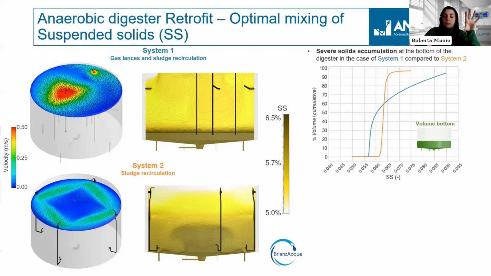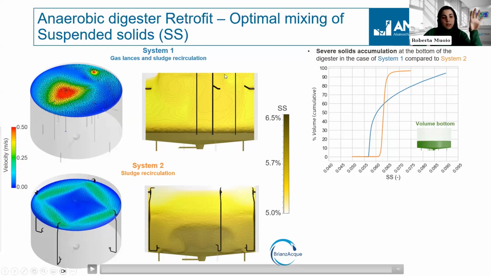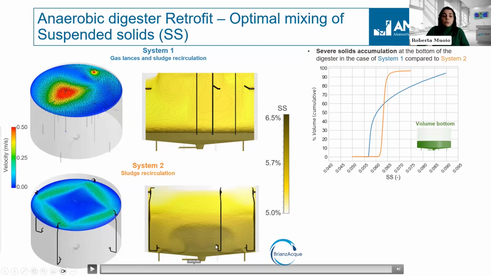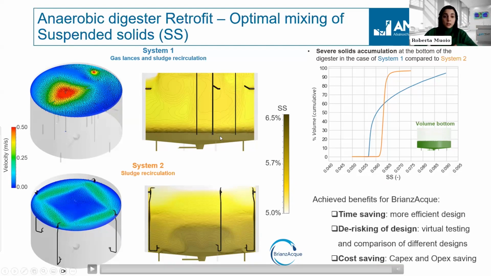So next to this conventional CFD hydrodynamic study, we also included the behavior of the solids, so the suspended solids concentration, to have an evaluation of the long-term operation of these two systems. In system 1, you can see that in the long term, a thick layer of highly concentrated solids is formed at the bottom due to the very bad mixing in the bottom.